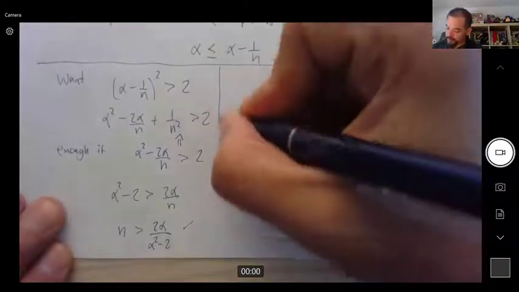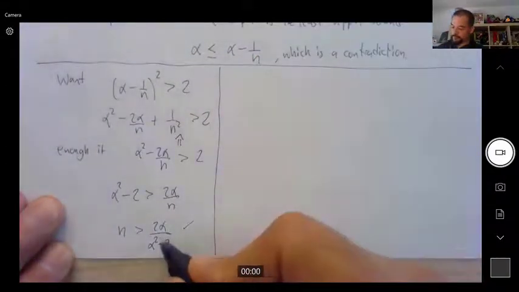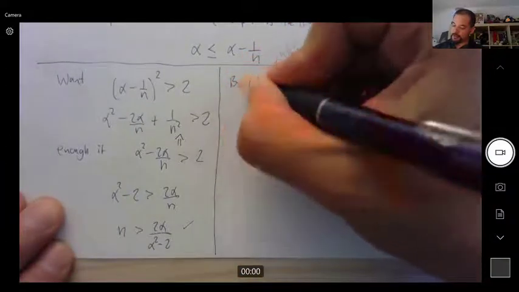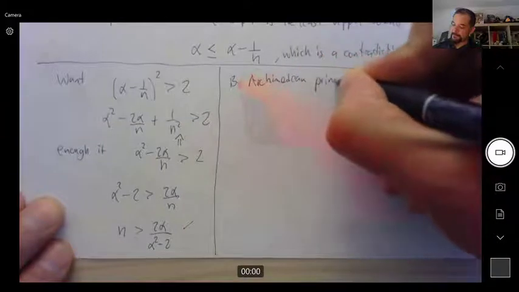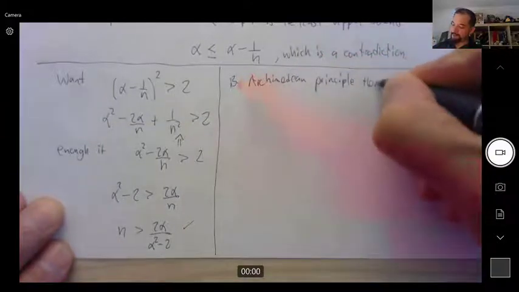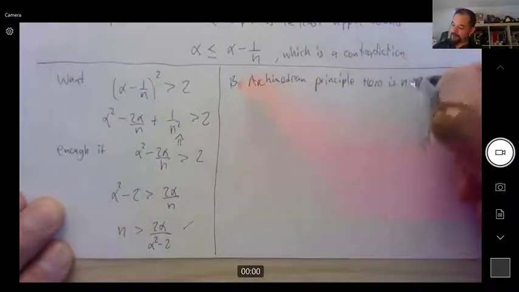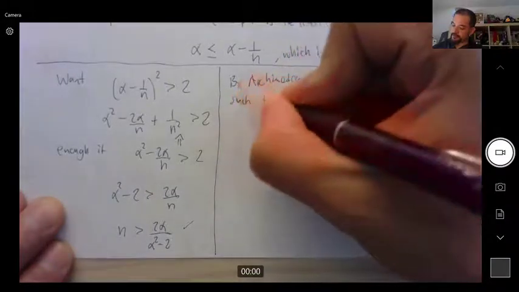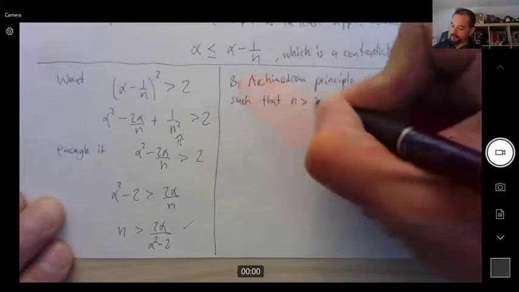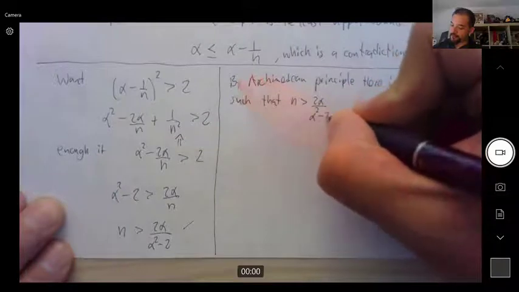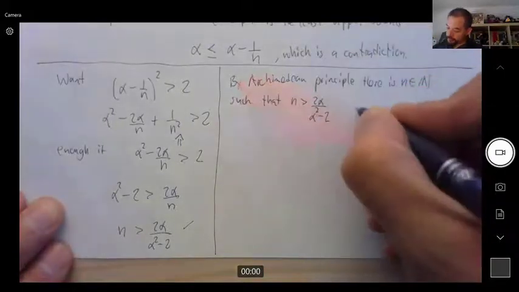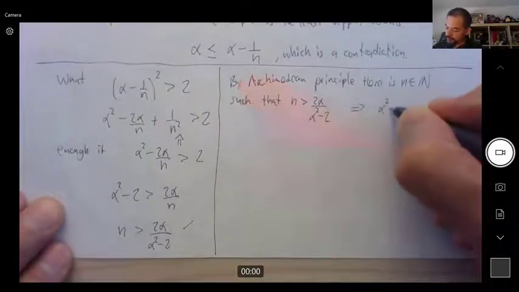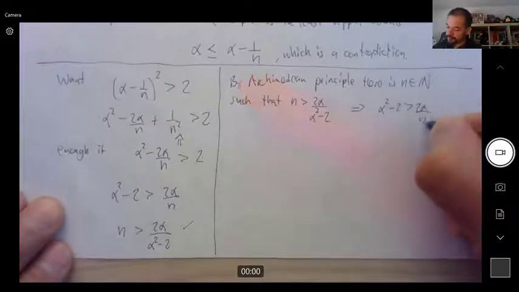To now write it cleanly, you would start from here, right? You would say by the Archimedean principle, there is some n, a natural number, such that n is bigger than 2 alpha over alpha squared minus 2. Of course, right? There is a natural number as big as any number that you want. Then this one would imply that alpha squared minus 2 is bigger than 2 alpha over n.